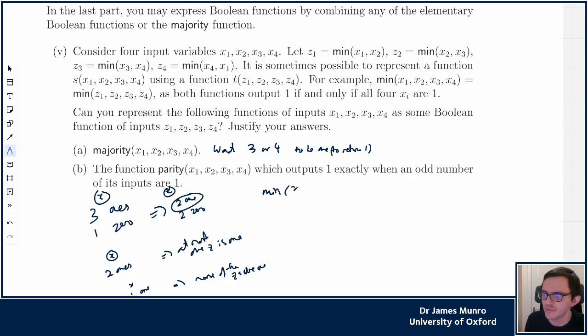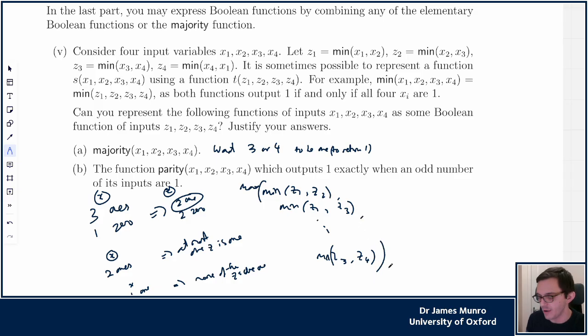So I'm going to look at all 6 pairs, maybe I won't write them all out, all 6 pairs of the min, looking at z1 up to z3, z4, and then take the maximum of all of that. And if the max switches on, that's because one of these is switched on, because those 2 z's have switched on, which only happens if you had at least 3 x's to start off with, so it passes. So that's my expression.